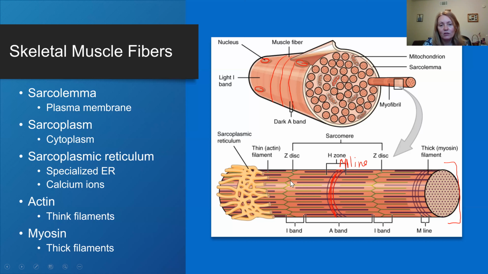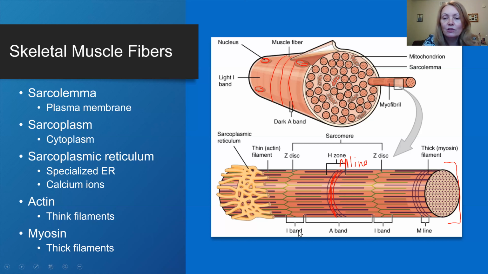And then what is attached to the Z-disc, thick filament and thin filament? I mean, thin filament actins, right? So actins are attached to the Z-disc, and thick filaments are attached to the M-line.